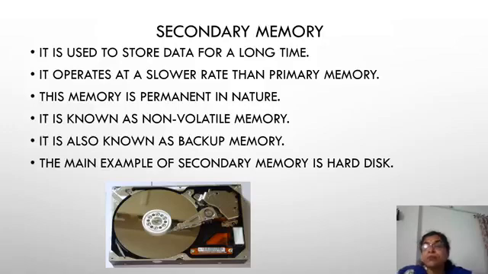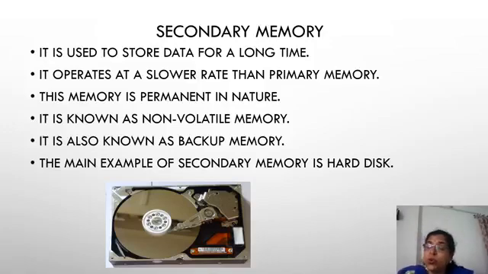Now, what is secondary memory? Secondary memory means memory which is given second preference, which is not primary memory. Primary memory is required for the working of a computer, while secondary memory is optional and is used to store data for a long time.